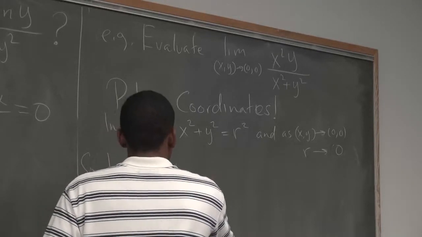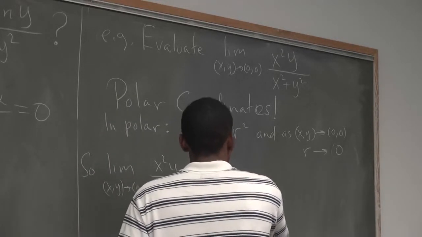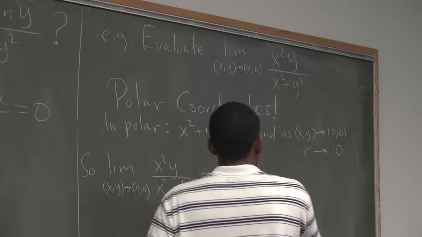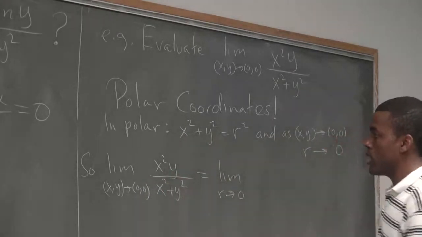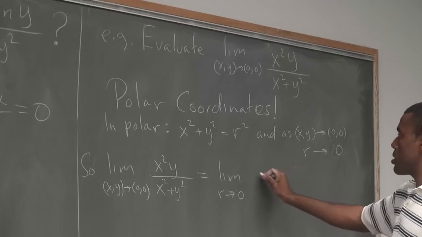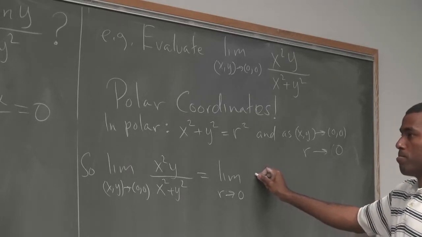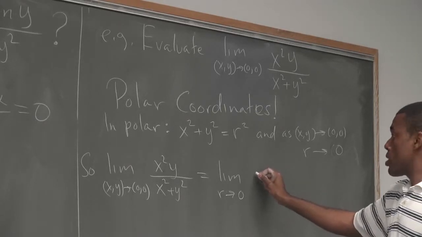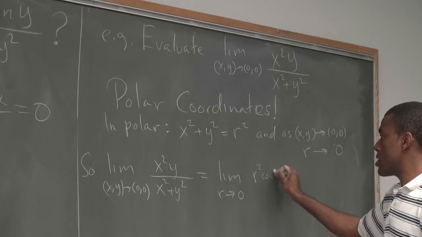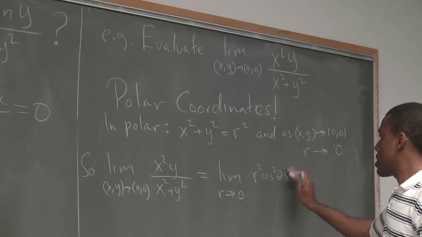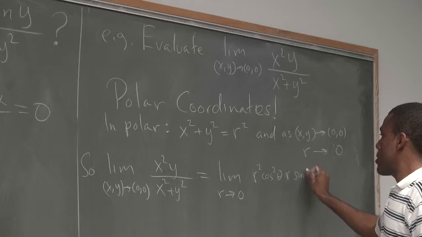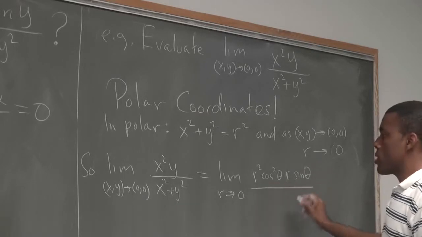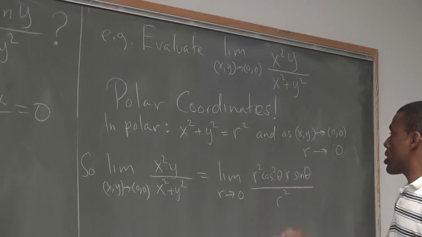So the limit as x, y approaches 0, 0 of x squared y over x squared plus y squared is the same as the limit as r approaches 0 of, now you replace these with what they are. x is what in polar? r cosine theta. So this is r squared cosine squared theta times r sine theta over r squared.